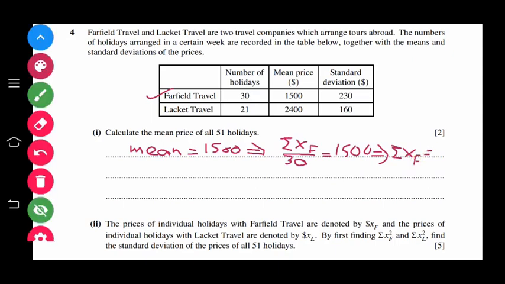I'll write it down. Just cross multiply 30. We get sigma xF as 30 into 1,500. Similarly, tell me what is sigma xL. Yes, which is 21 into 2,400.